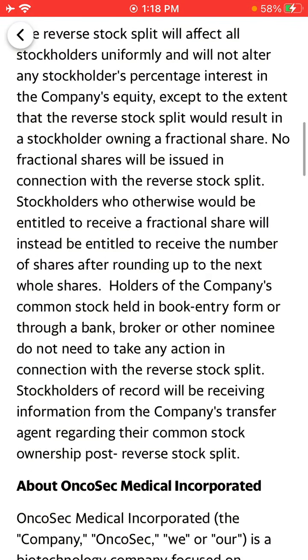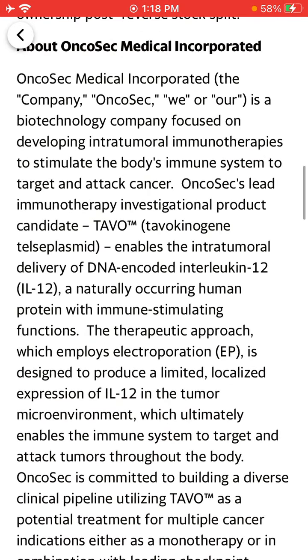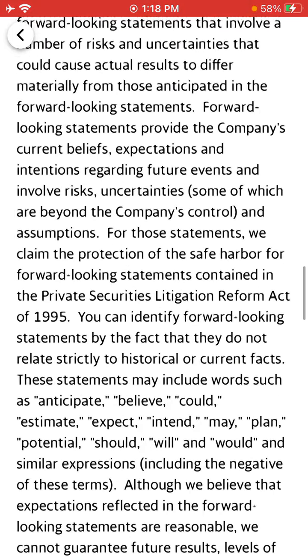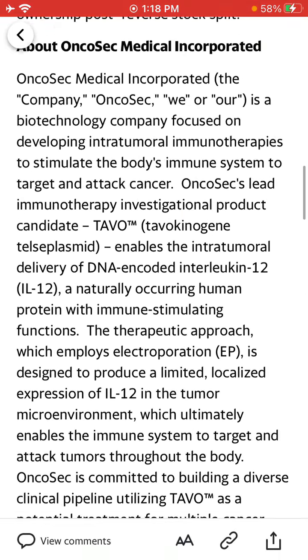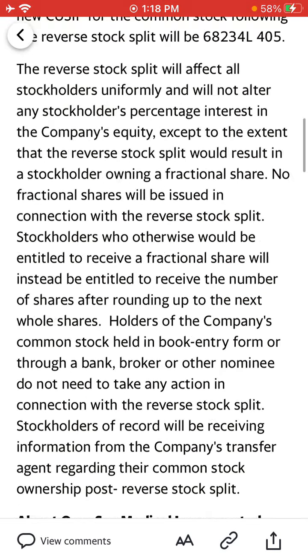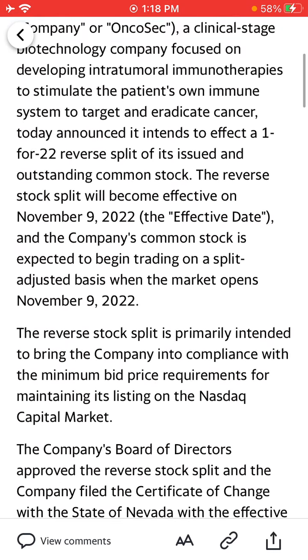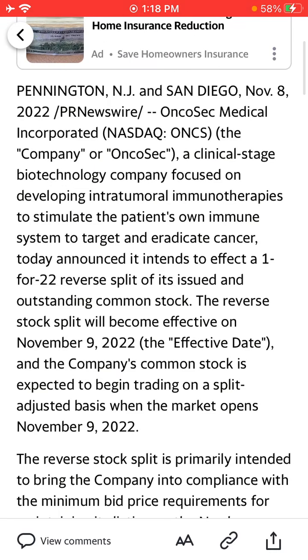And sometimes they'll say the new float. If we scroll down, in this case I didn't see the float, but this is how I would know what the float is.